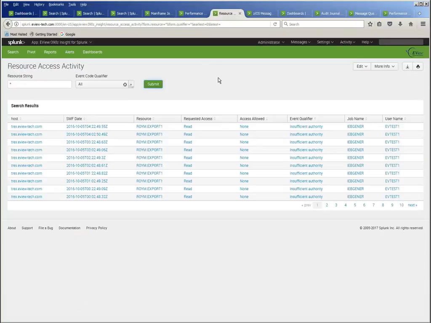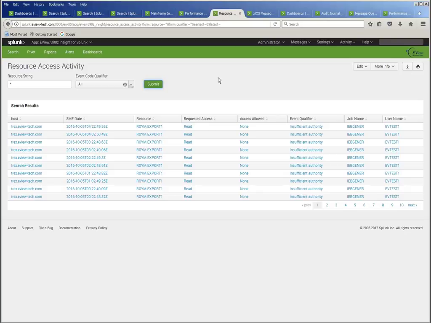The resource access activity is data that's coming from the IBM RACF product, which is the IBM security product. We can also support data from Top Secret, if you're using that. In this particular case, we're looking at security violations, but any other type of RACF event can be looked at.